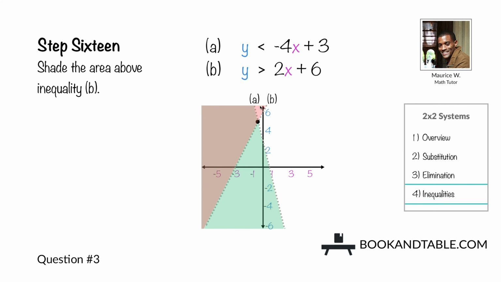So you go to B, sketch the points above. Here we see the overlapping area, or the area of solutions, are the points between the lines here. So this would be the answer to question number 3. So that is how you go about solving 2x2 systems of inequalities.